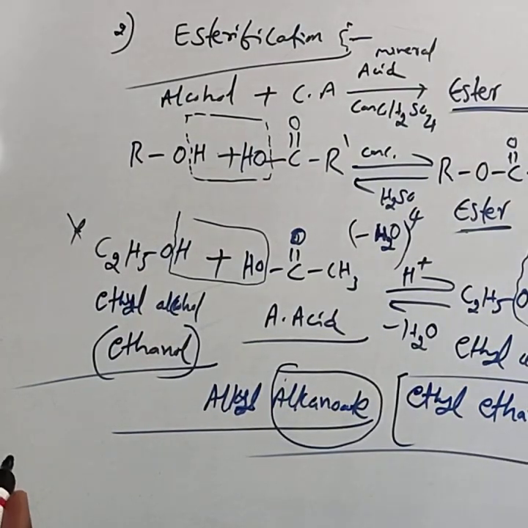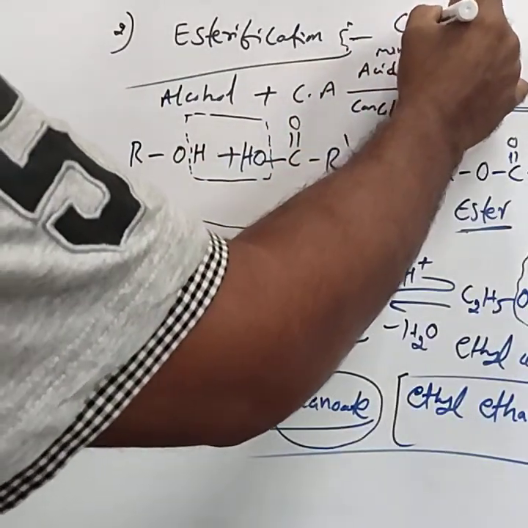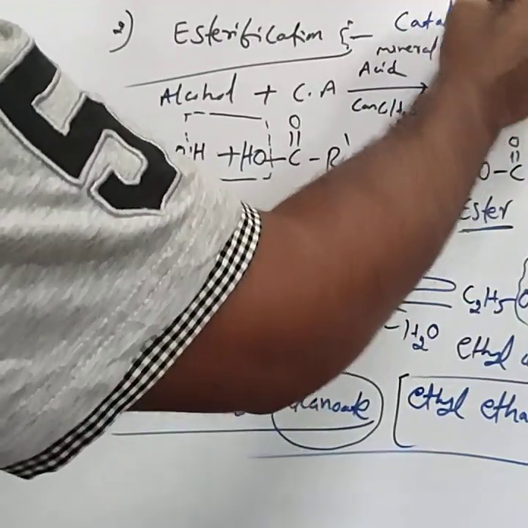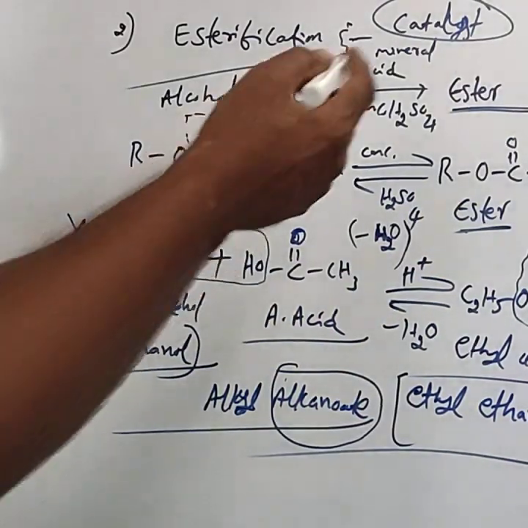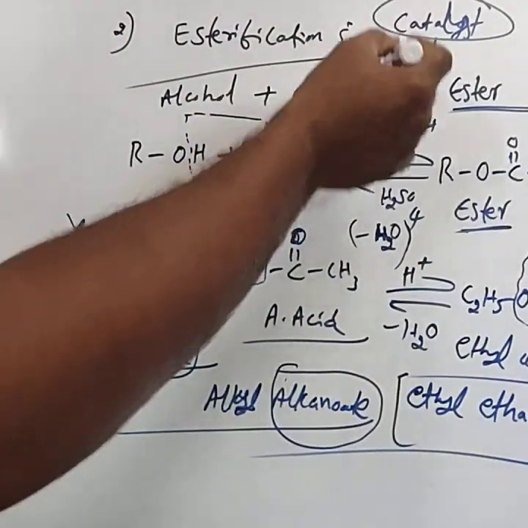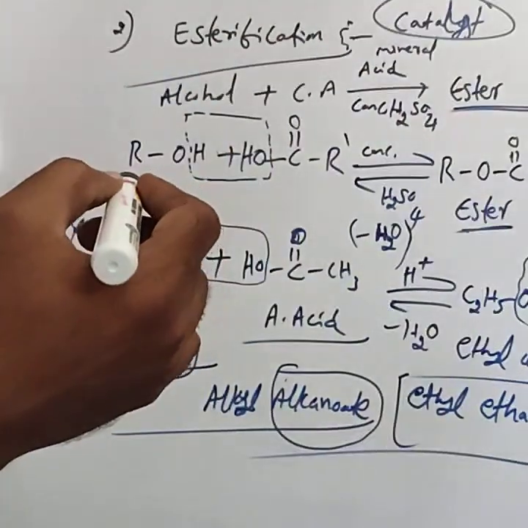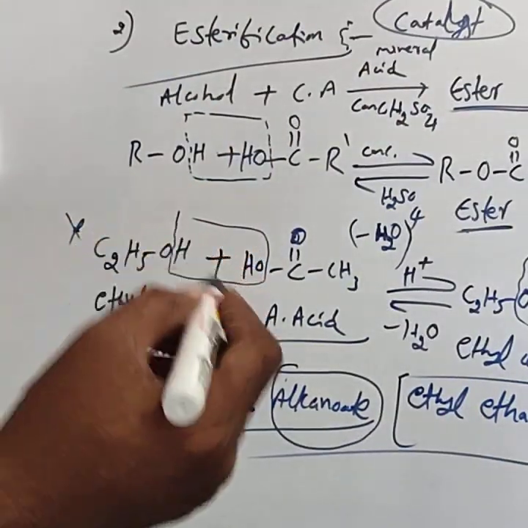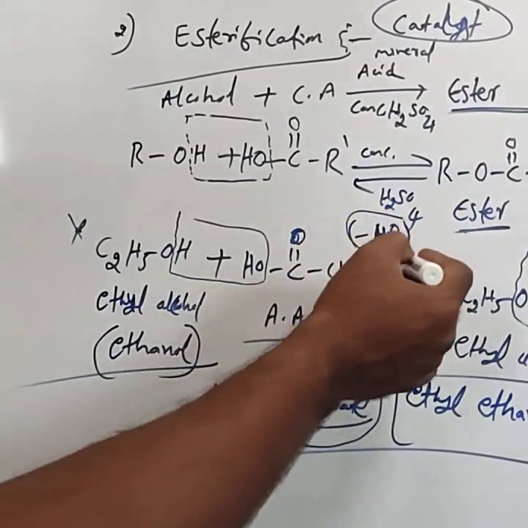In esterification, sulfuric acid acts as the catalyst. The role of the sulfuric acid is as the catalyst, or one more role is that sulfuric acid is used to remove the water molecule.